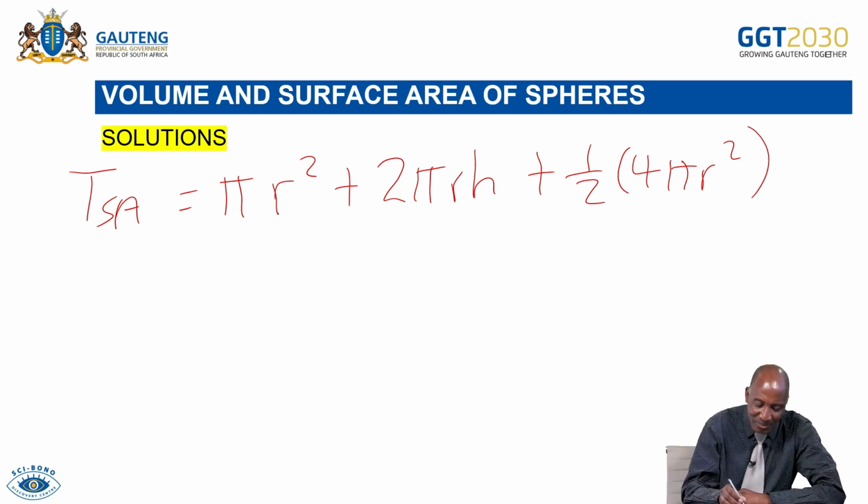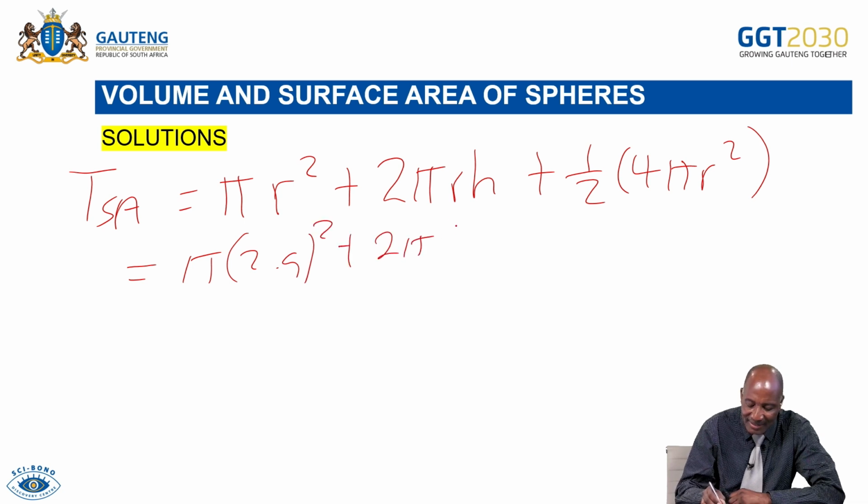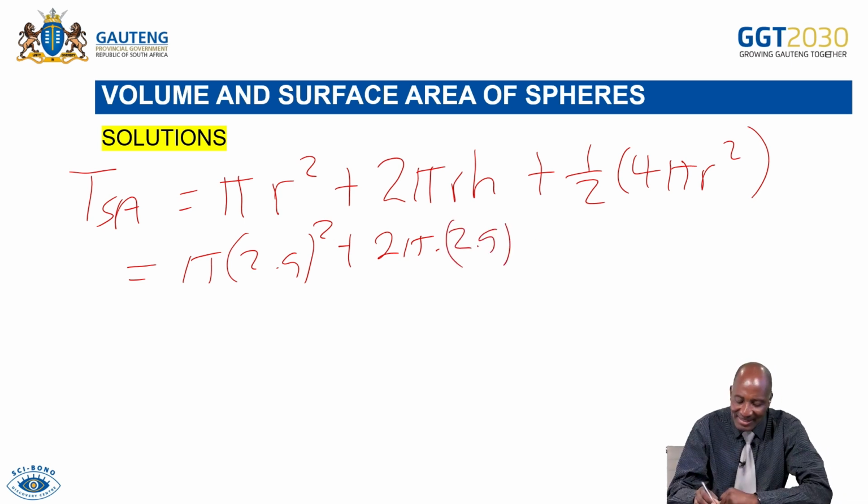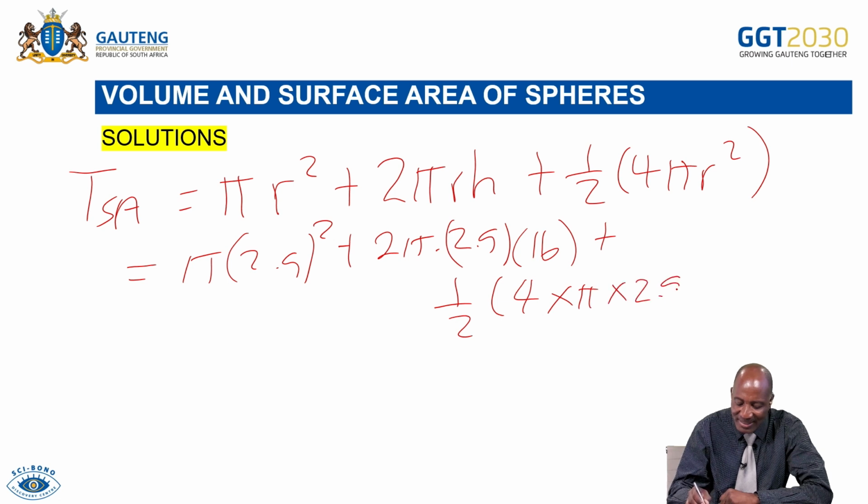So we then replace, this is our pi times 2.9 squared added to 2 pi times 2.9 multiplied by the height. Our height is 16, added to half of 4 multiplied by pi, then multiplied by 2.9, the radius squared.